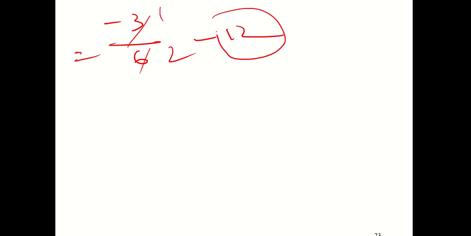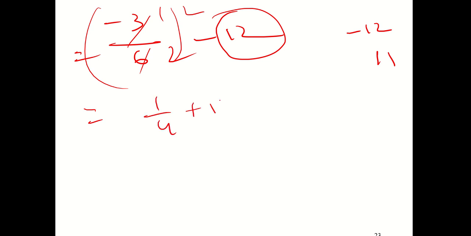Now this is something you need to find in modulus. Minus 12 in modulus: you add minus 12 and 23, which gives 11. This was a whole square, so it is 1 by 4 plus 11.